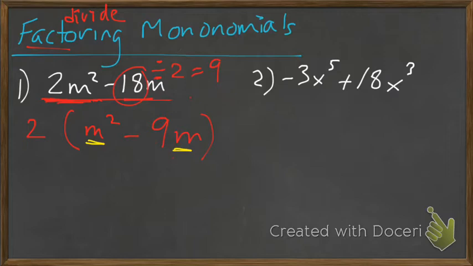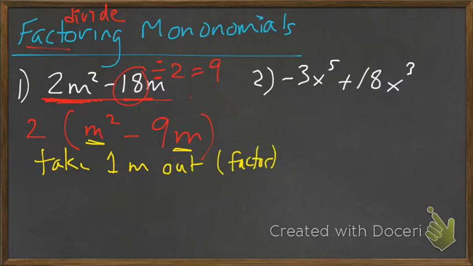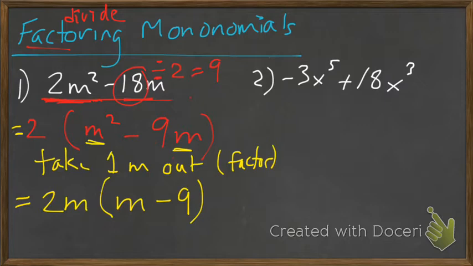I could take 1m out. So I open brackets, factor. I'm going to make that equal sign there. Make this equal to 2m bracket m subtract 9. So that is my final answer.